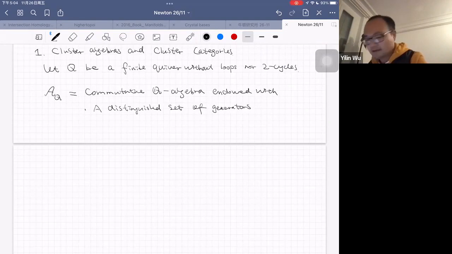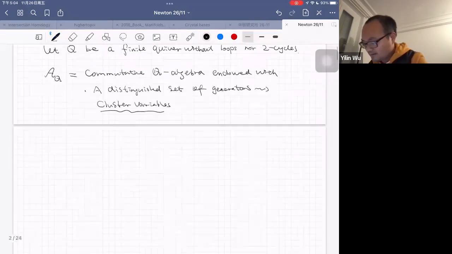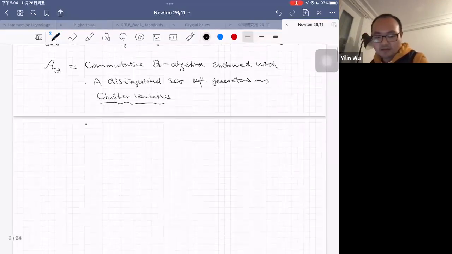This is called the cluster variables. And then those cluster variables are grouped into subsets of fixed size.